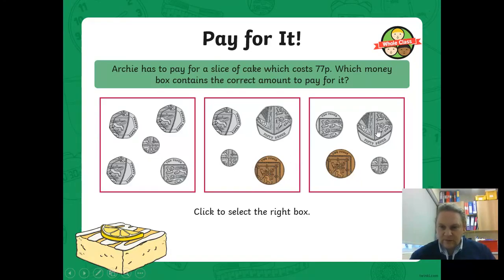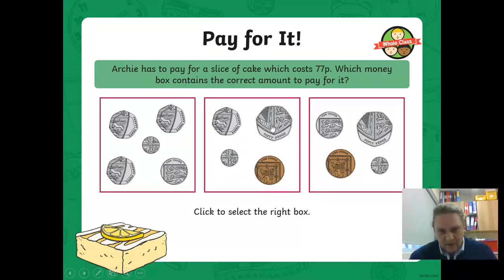Let's try this one. 50, 60, 65, 66, 67. 50, 60, 70, 75, 76, 77. I think I counted that as a 1p, that's a 2p.